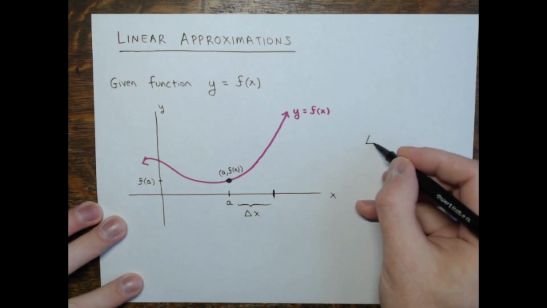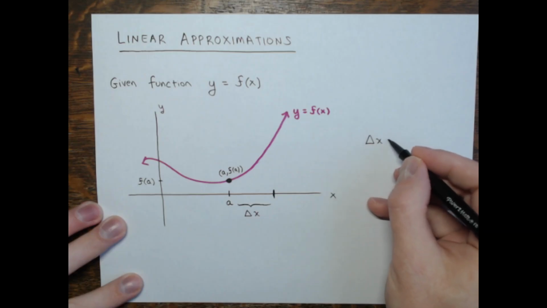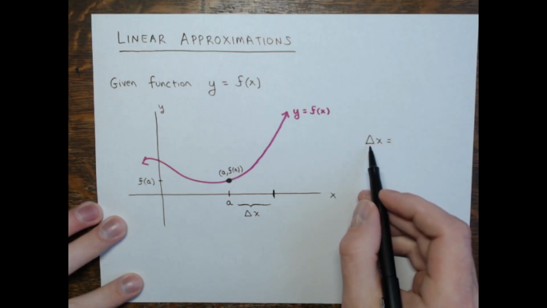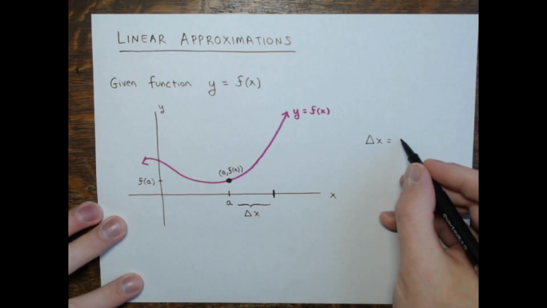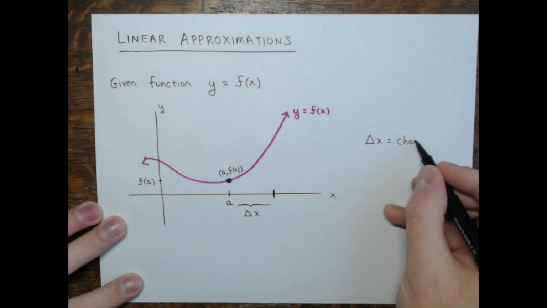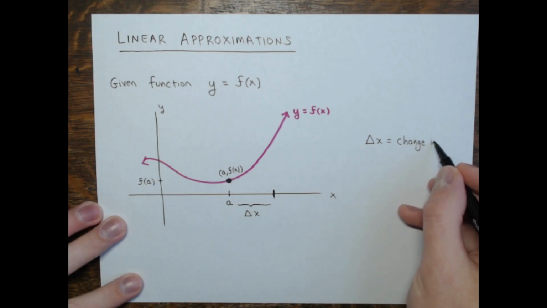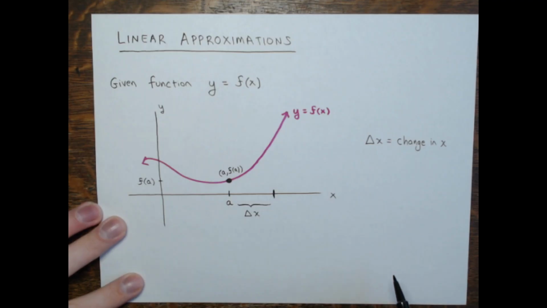You might recall this from other algebra work. When you see this triangle shape, this delta, remember this means a change in. So this would be a change in x.